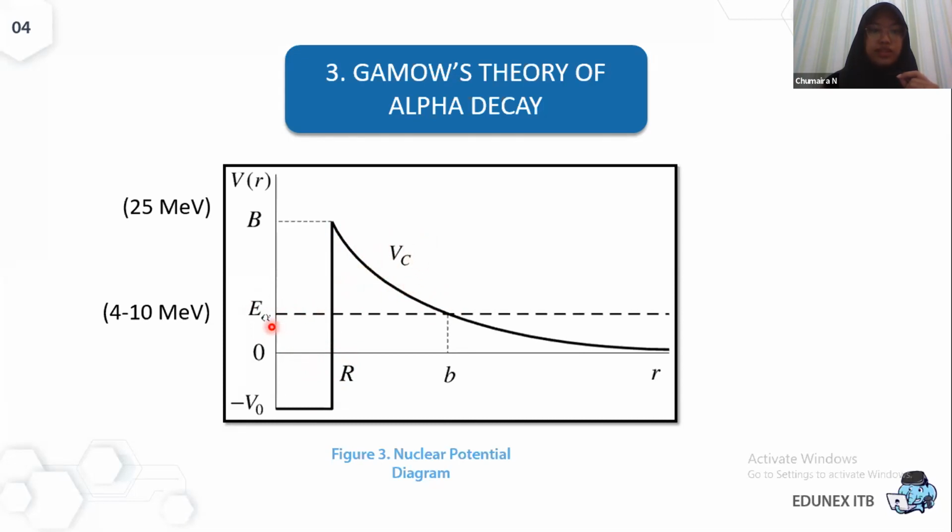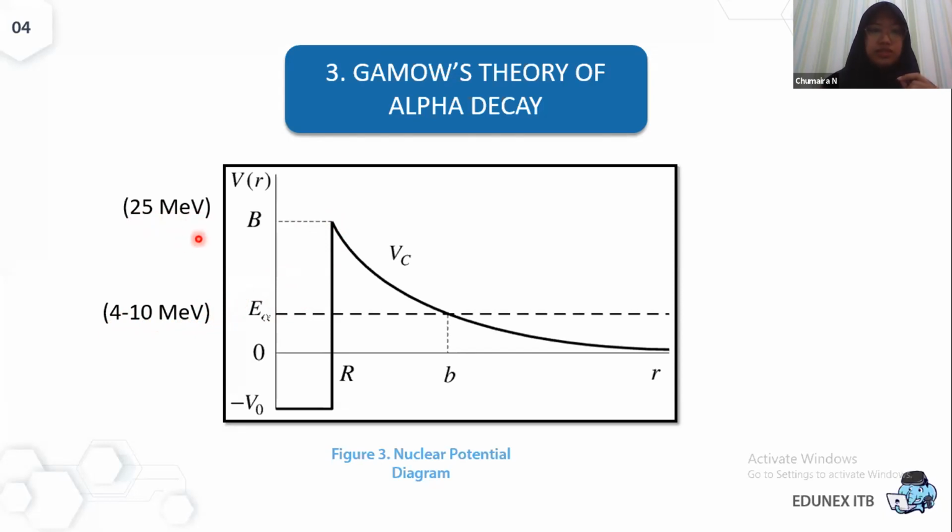Now, if we look at different alpha particles from different alpha decay processes, we see that the maximum kinetic energy of the alpha particle usually ranges around 4 to 10 mega electron volts. Meanwhile, if we look at different large size nucleus configurations, we see that the nuclear potential height is usually around 25 mega electron volts.